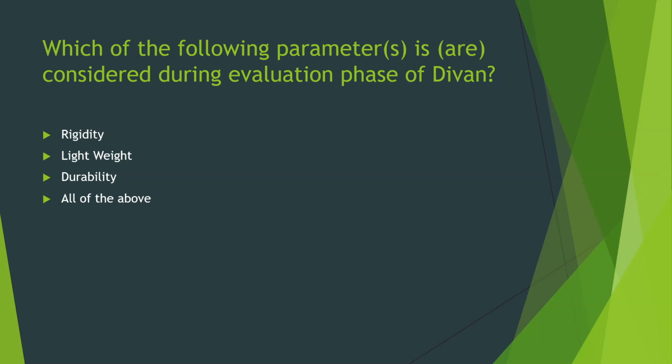Then coming on to the next question, which of the following parameters are considered during the evaluation phase of a divan? So a divan is the large size, king size bed that we generally use at our home. So all of the above. Okay. Can you give me any explanation of the same?